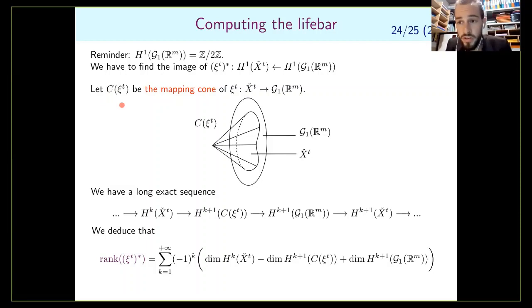The mapping cone of xi t is a topological space that contains information about the map xi t. And the mapping cone comes with an exact sequence like that. And you can deduce directly the formula. The rank of the image of xi t in cohomology is this sum, which is actually finite. And we can actually compute all these terms with the usual persistent algorithm.